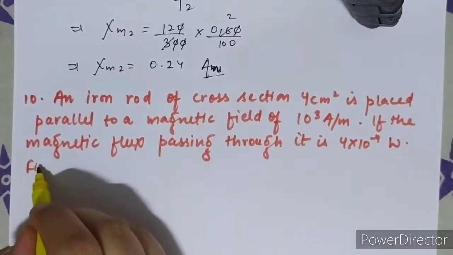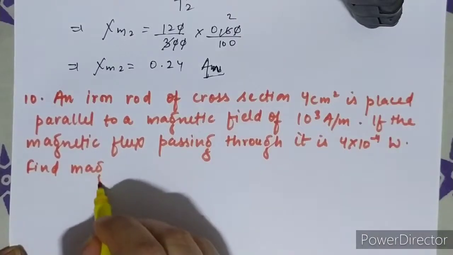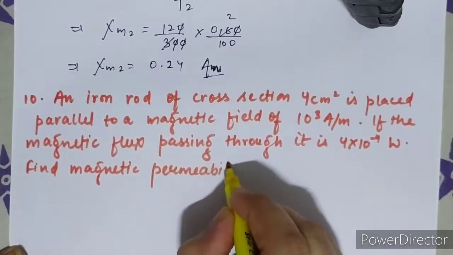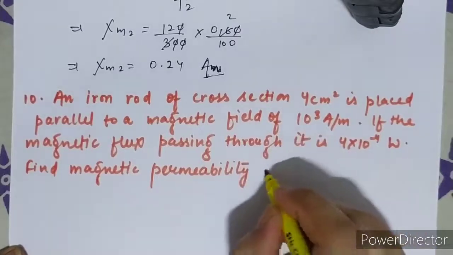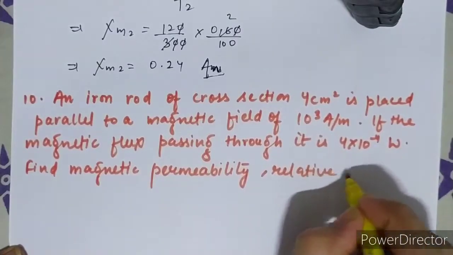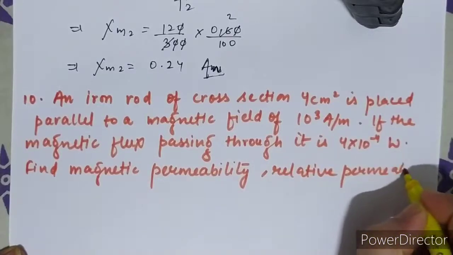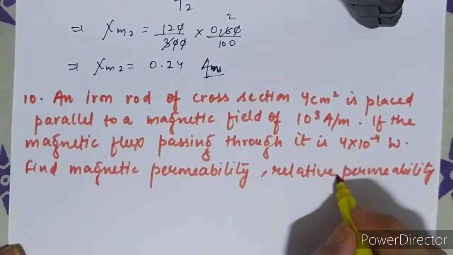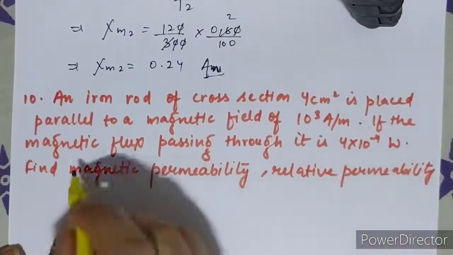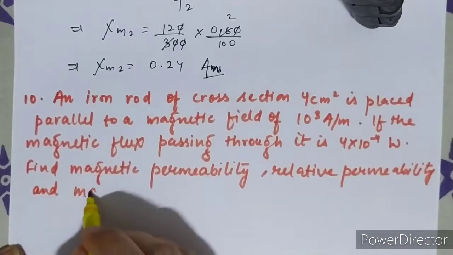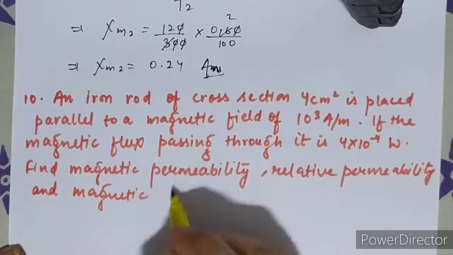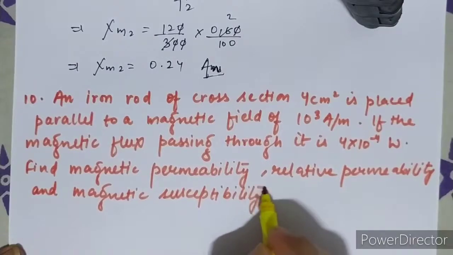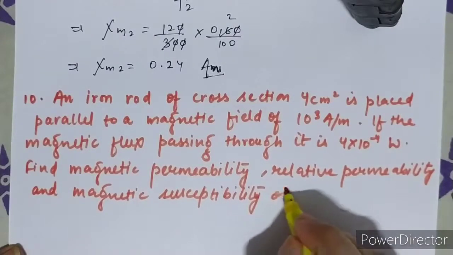Find magnetic permeability, relative permeability, relative magnetic permeability, and magnetic susceptibility of iron.